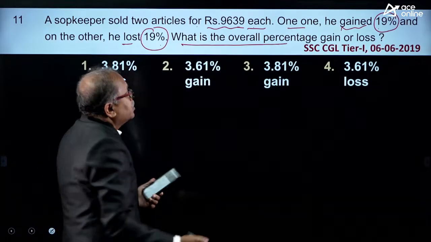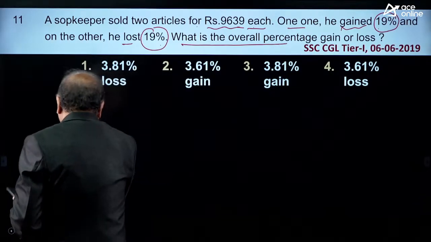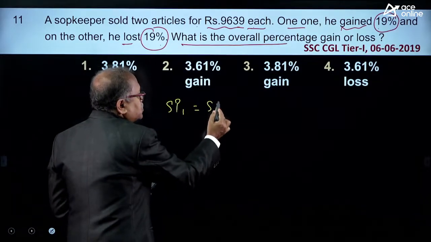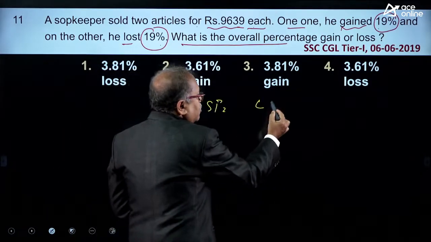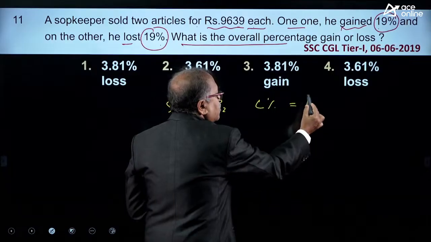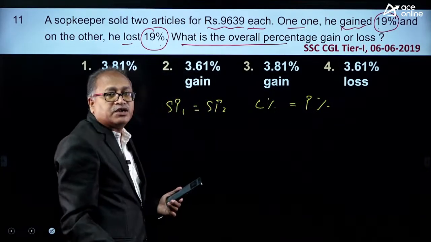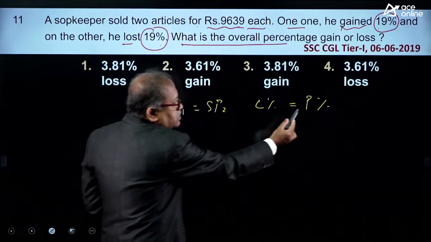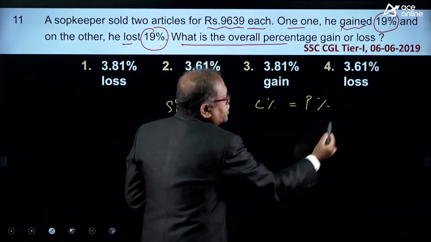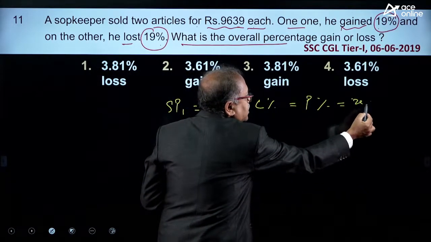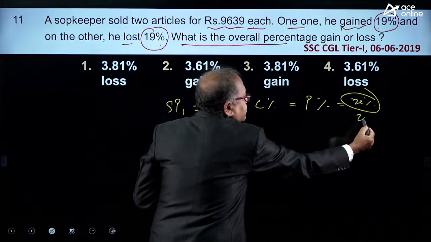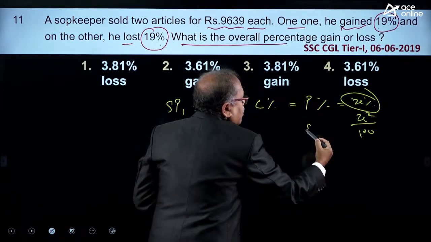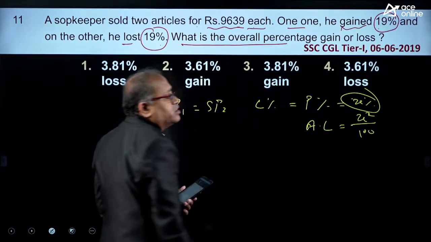That's great. So, questions like this, whenever the selling price SP1 is equal to SP2 and the loss percentage is equal to the profit percentage for 2 articles, then if I consider this as X%, my answer will be X square by 100, always loss. A for always, always loss.